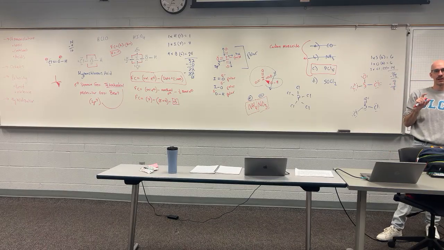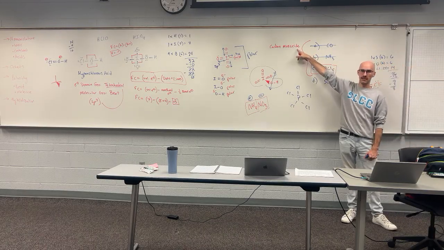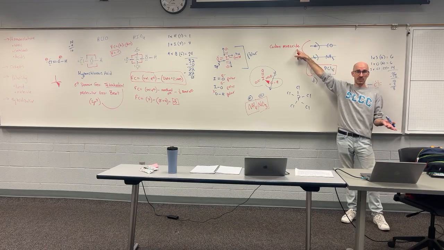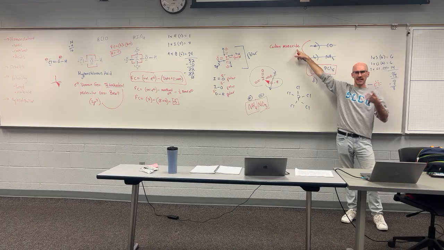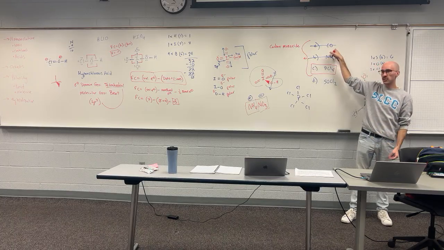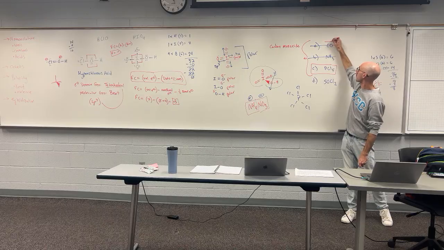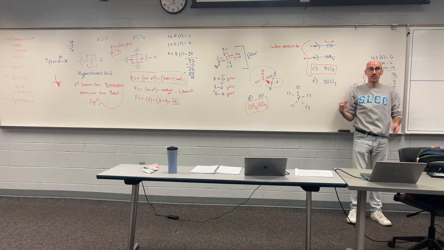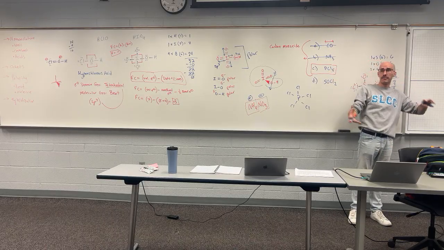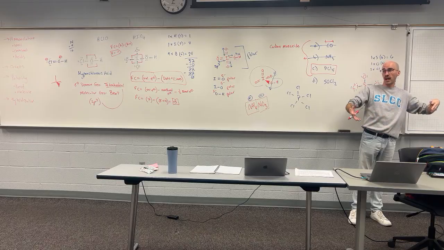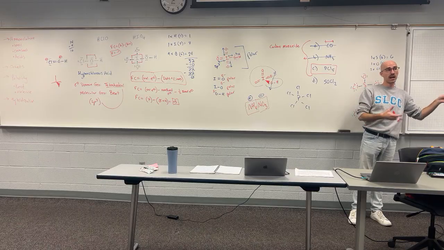But you'll actually notice oxide is an ion. Remember, oxide is 2 minus. So by saying carbon monoxide, I'm actually kind of implying the existence of an ionic oxygen. That's okay because oxygen is more electronegative than carbon. So there is partial negative in that molecule where the oxygen is.